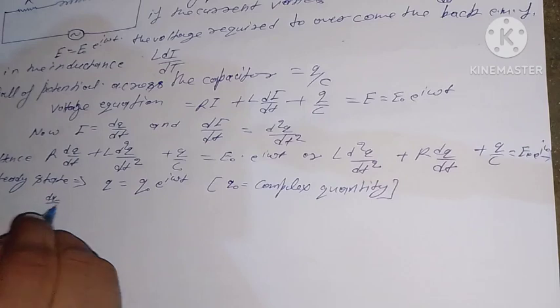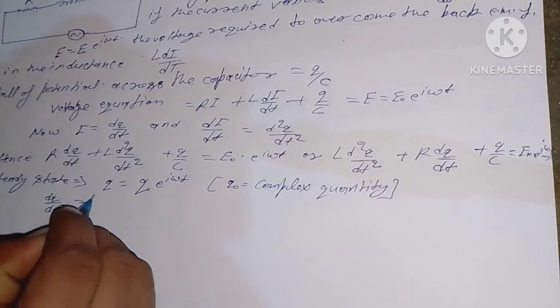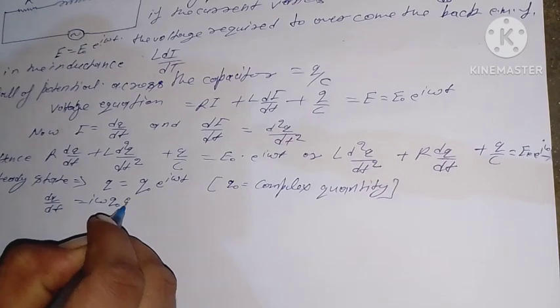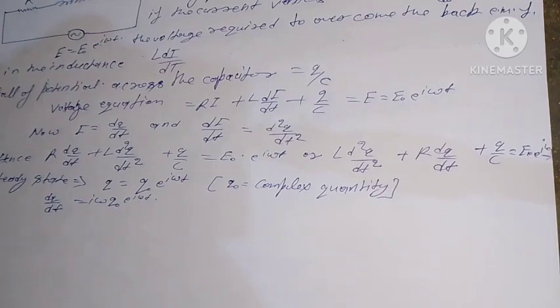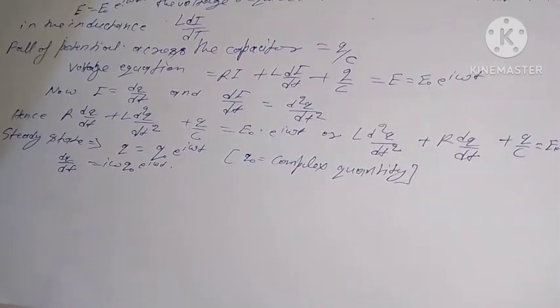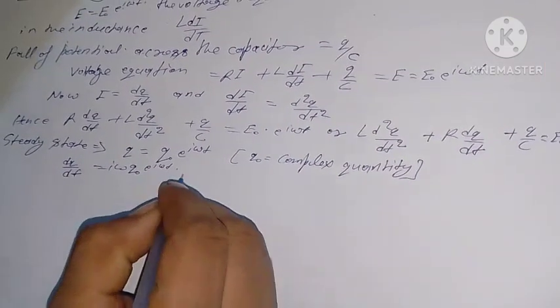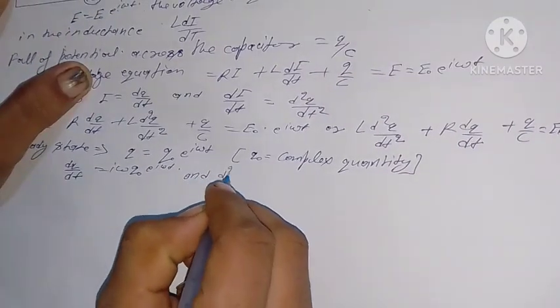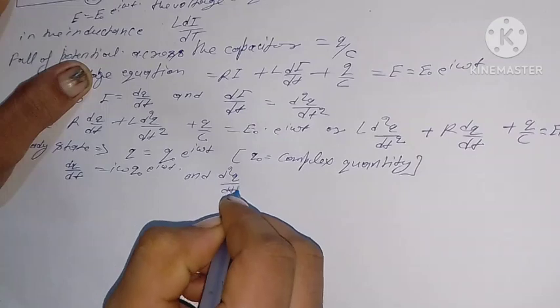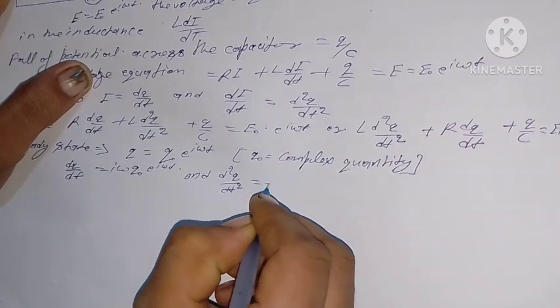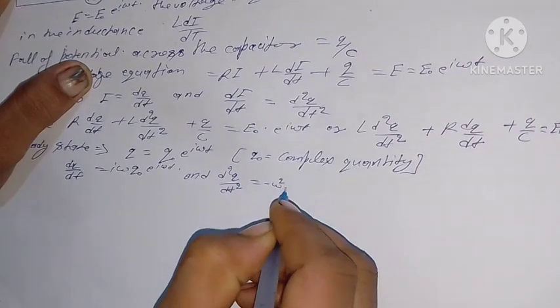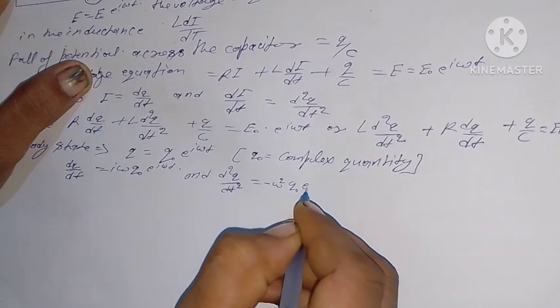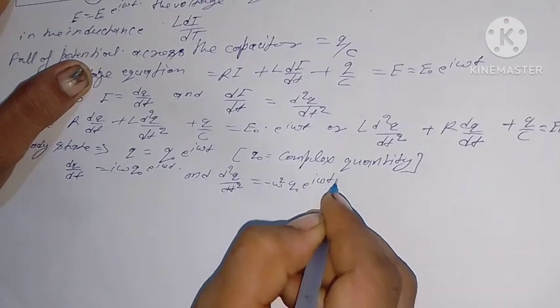Then dq by dt equals i omega q naught e to the power i omega t, and d square q upon dt square equals minus omega square q naught e to the power i omega t.